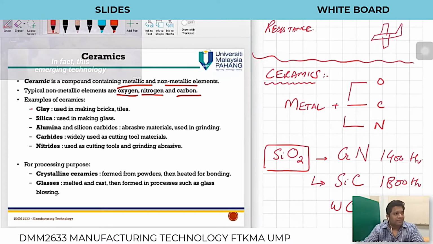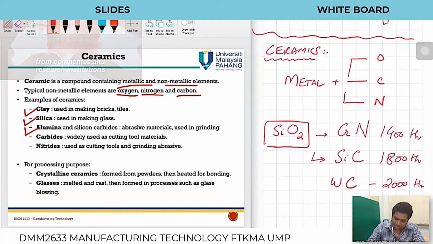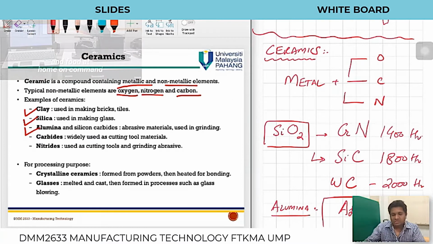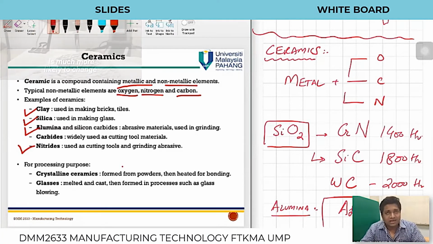So we have clay, silica, and alumina. What is alumina? Alumina is Al, right? Al means aluminium, and then oxygen, Al2O3. So this is a very famous ceramic also. Then we have nitrides and carbides.